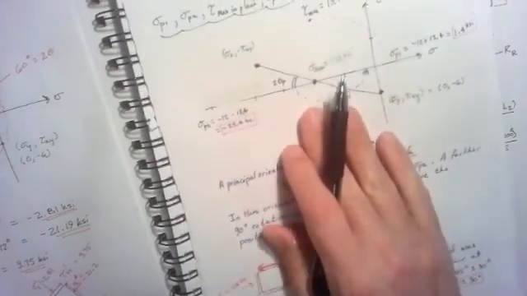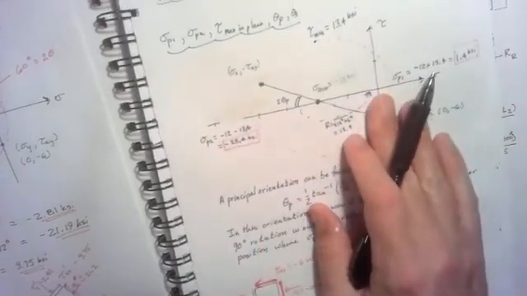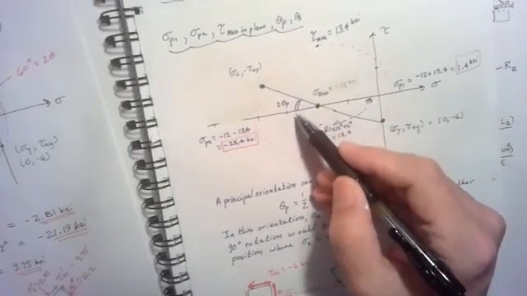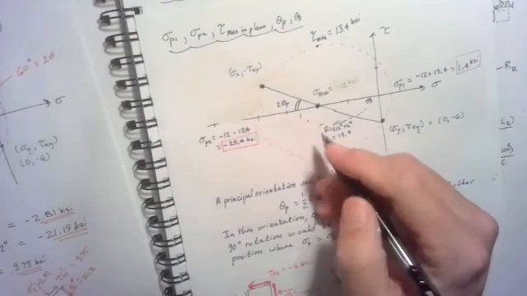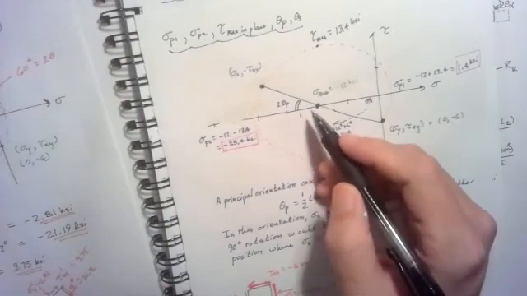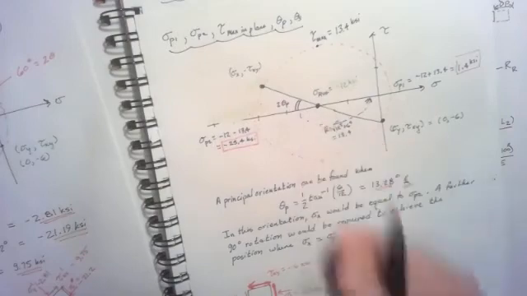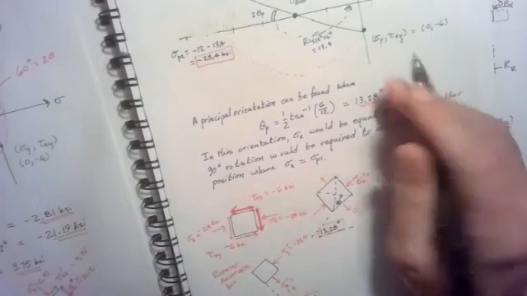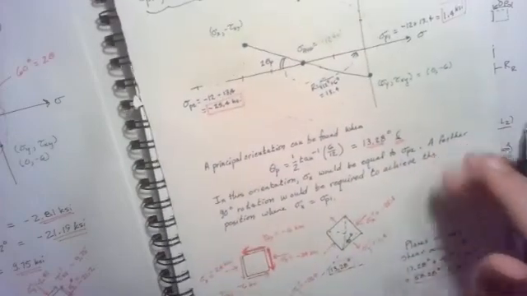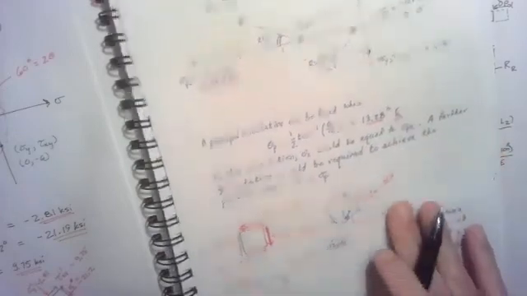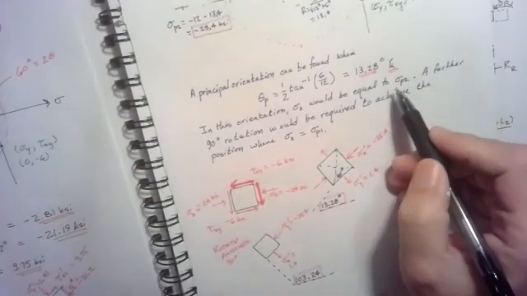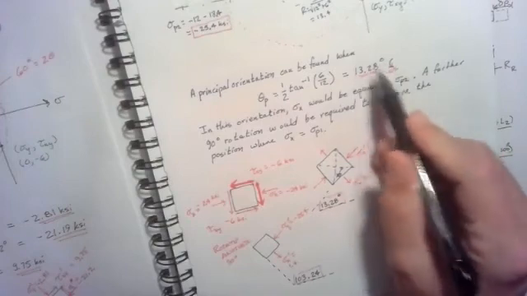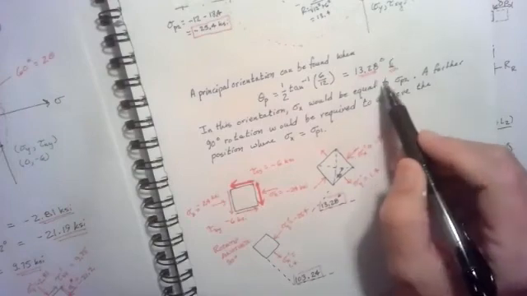And most of the time, problems in the Beer and Johnston textbook are going to just ask you for the smallest angle, theta p, that will rotate you into a principal orientation. And if we do that, that is 13.28 degrees, and we would be rotating counterclockwise. So if Beer and Johnston were asking for the angle here, they would want that number.